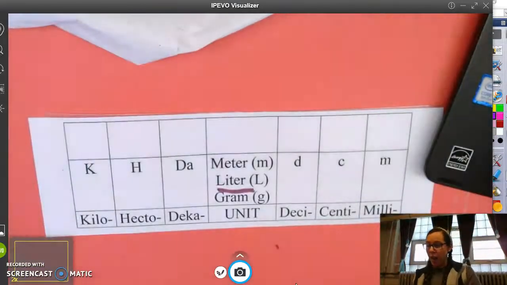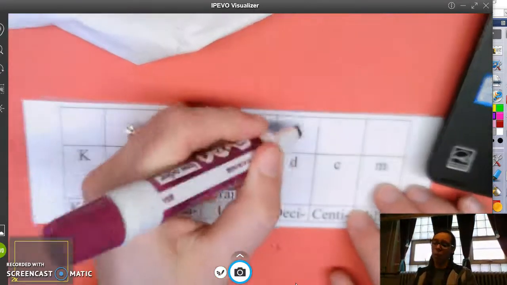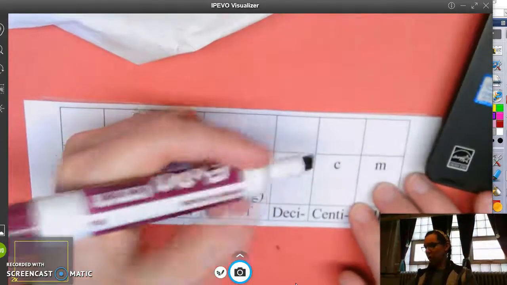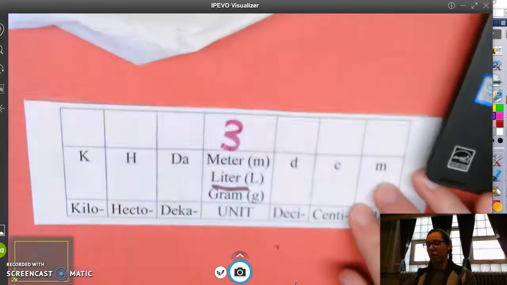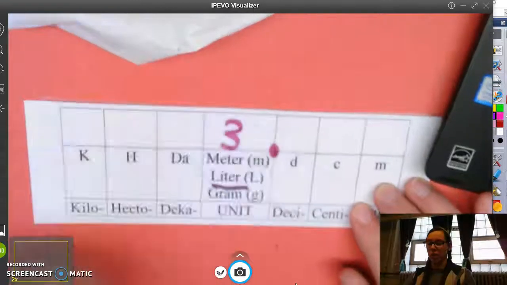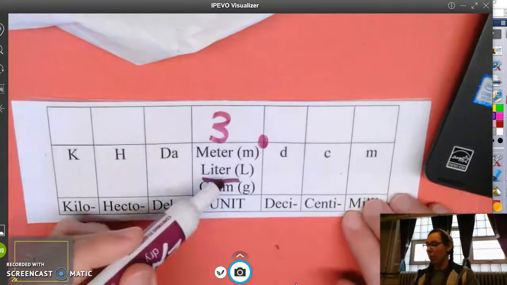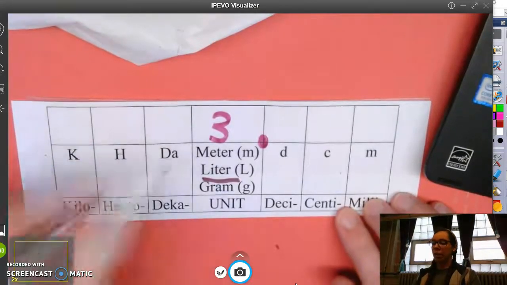Let's say I have, I don't know, let's say, we'll just use 3 again. Let's say I have 3 liters. Remember, liters here in the middle. Always put your decimal point at the back of the unit you're using. Going from liters, let's go up to decaliters.